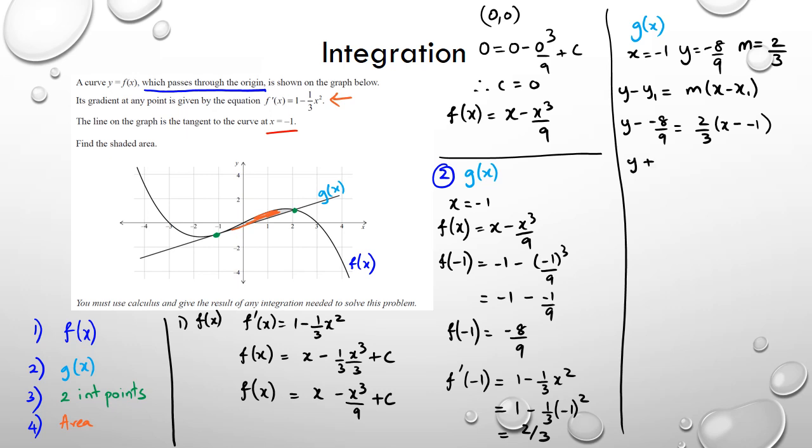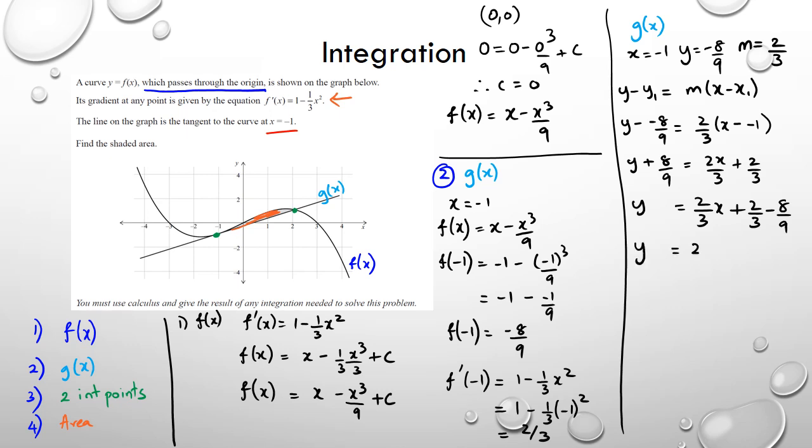Simplifying this, I have y plus 8 over 9 equals 2x over 3, plus 1, so plus 2 over 3. And that's what I have so far. Rearranging this, y equals 2/3 x plus 2/3 minus 8 over 9.